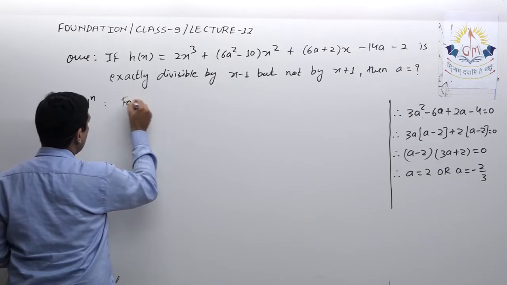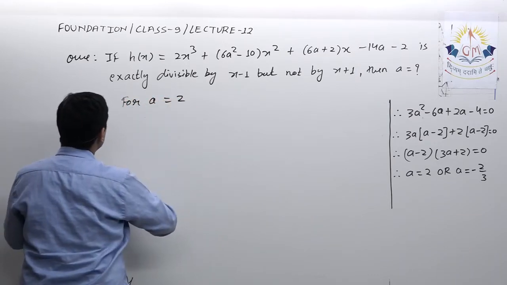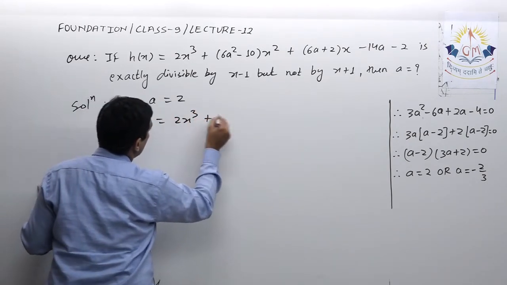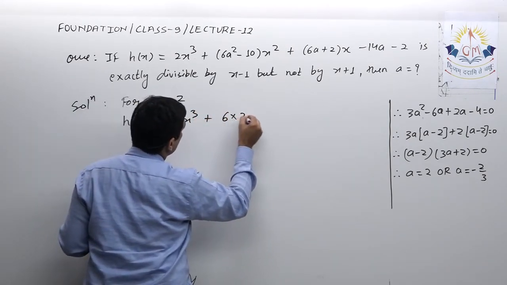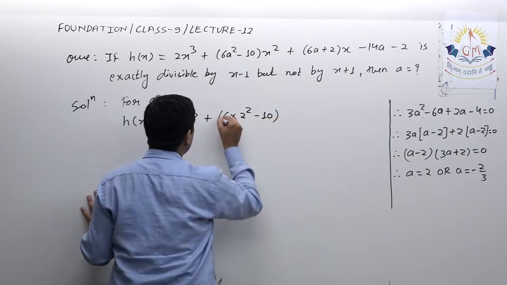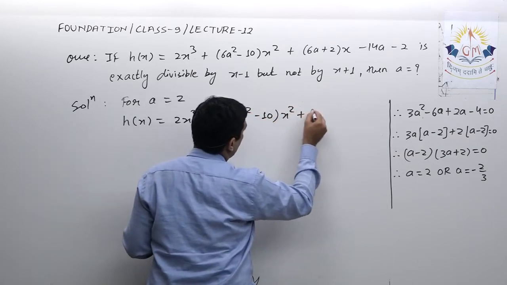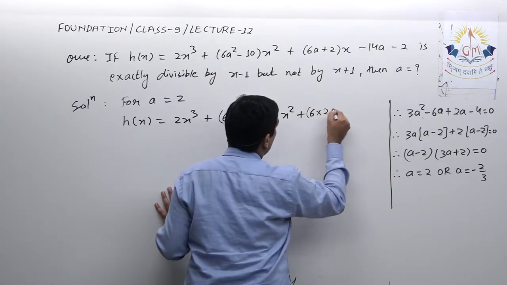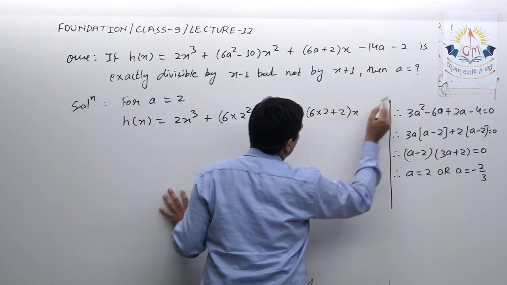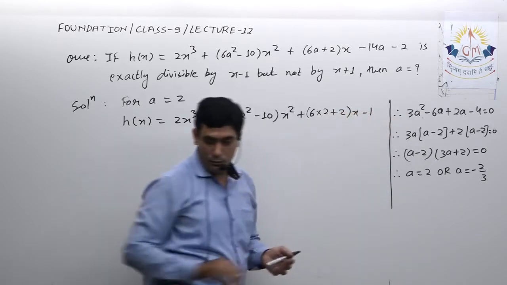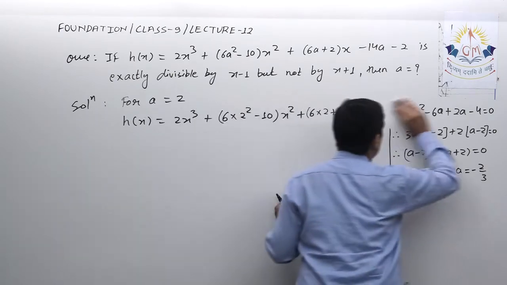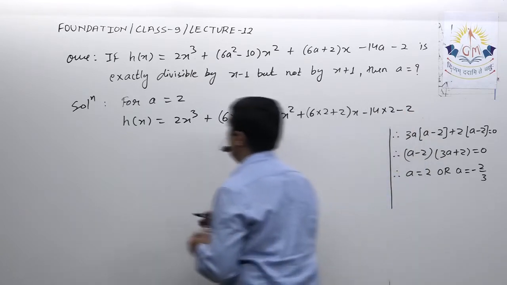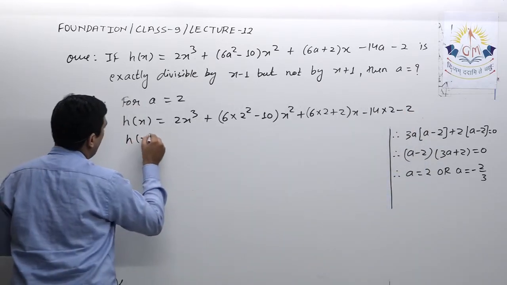So for a equal to 2, h(x) is equal to 2x cube plus 6 into 2 square minus 10 x square plus 6 into 2 plus 2x minus 14 into 2 minus 2. This is the polynomial when we have a equal to 2.